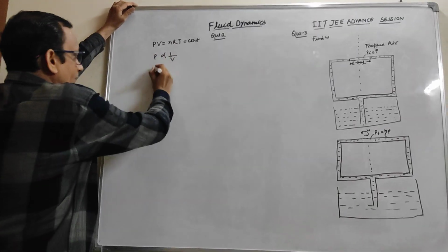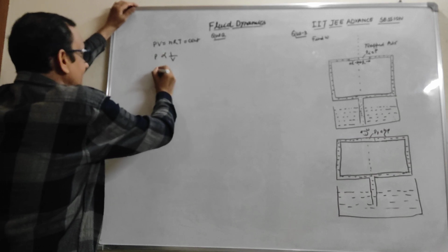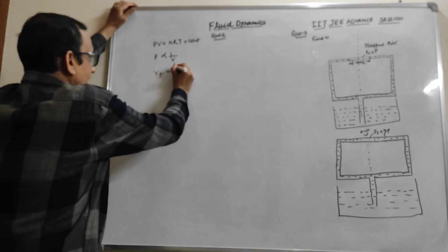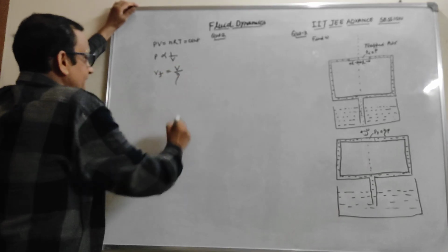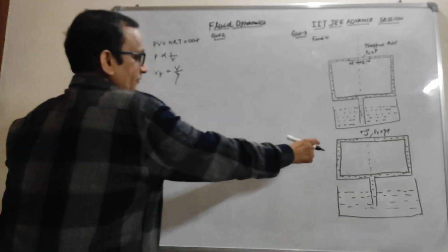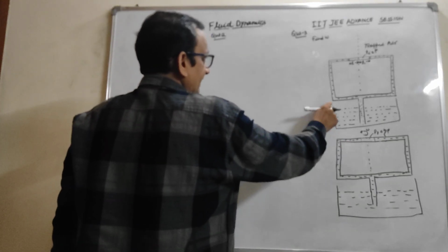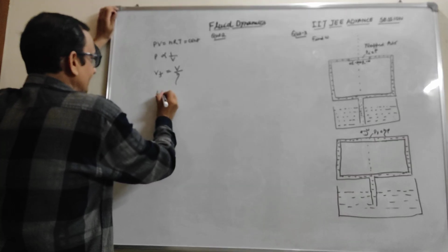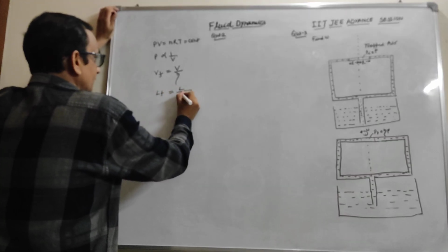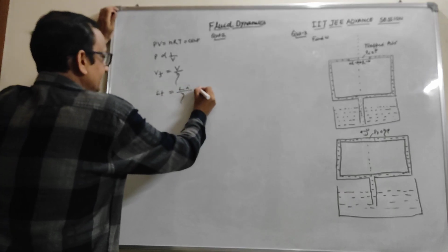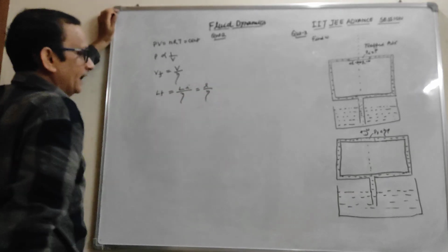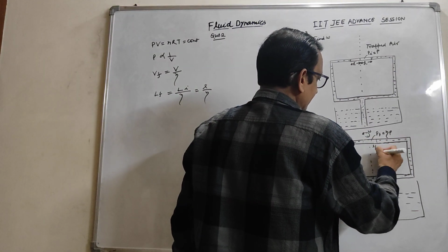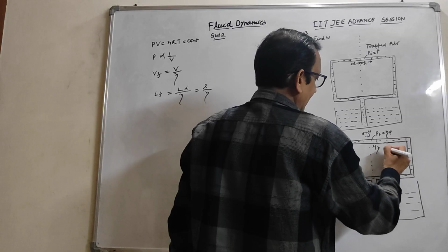If pressure becomes eta times, then the final volume becomes initial volume by eta. Here the cross section area A is fixed, so the final length would be initial length L by eta. So length reduces. This length would be L by eta. Similarly, this is also L by eta.